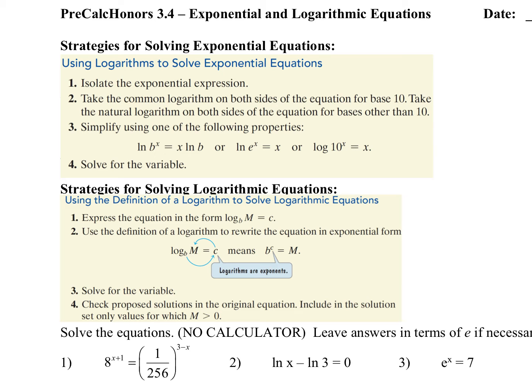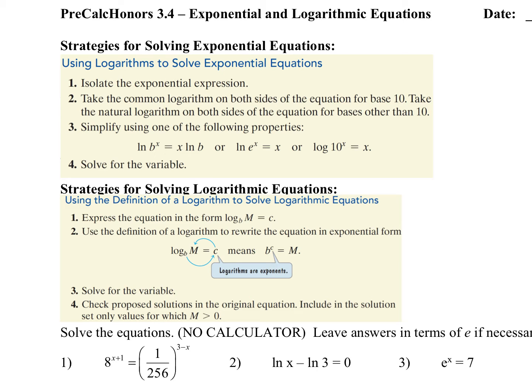So if I'm solving for exponential equations, I'm going to use what I know about their inverse, right? That's what we do when we solve equations, is we perform the reverse order of operations using inverse operations in order to isolate a variable. Well, that's what we want to do here. When we're dealing with exponential equations, we want to isolate that exponential expression.